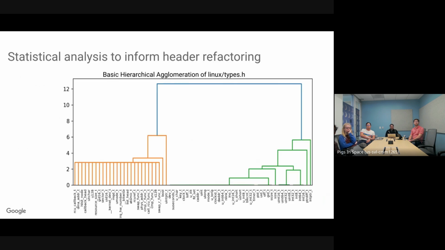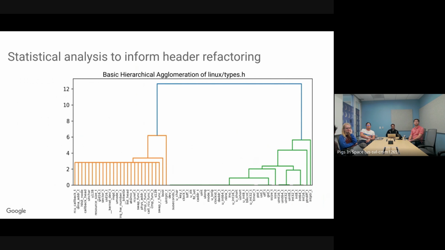And it gives us graphs that look sort of like this. So this is a basic hierarchical agglomeration of Linux types.h. As you can see, we partition it such that we have two clusters, and within these there are multiple smaller clusters that you can take.